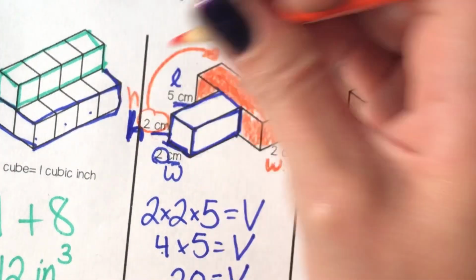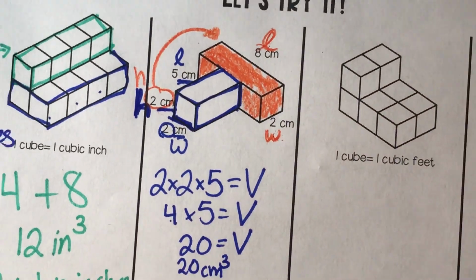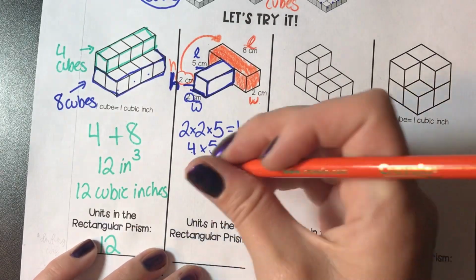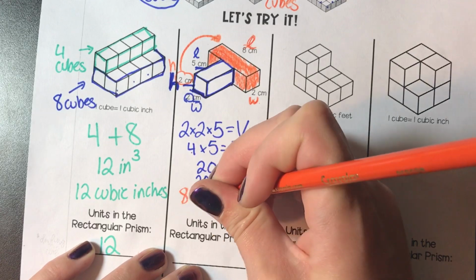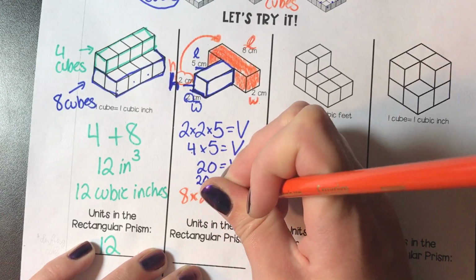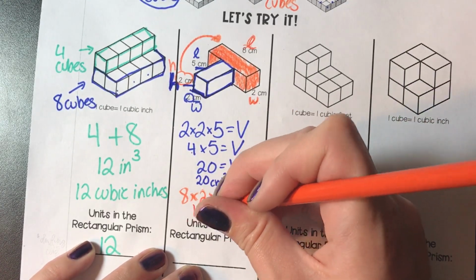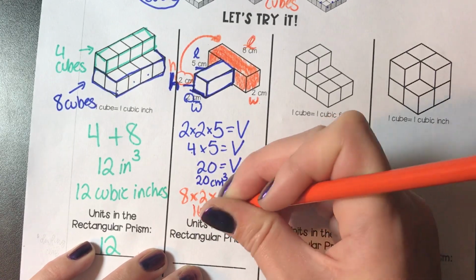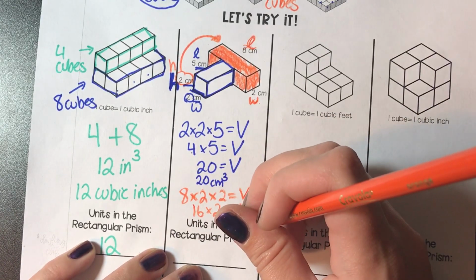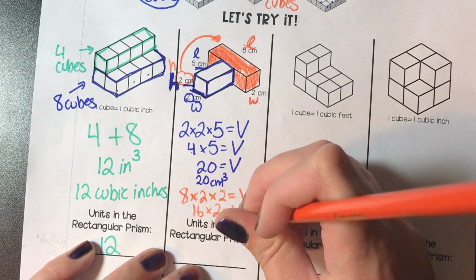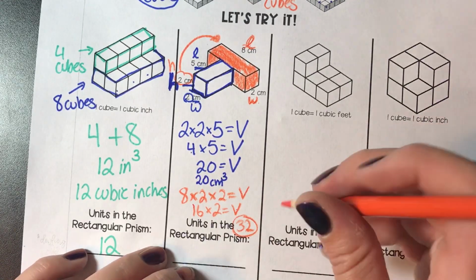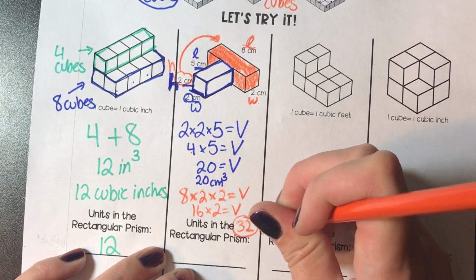So that is my height again. So now I'm going to zoom out and solve. I have 8 times 2 times 2 equals volume. 8 times 2 is 16. And 16 times 2 is 32 down here. But now, 32 centimeters cubed.